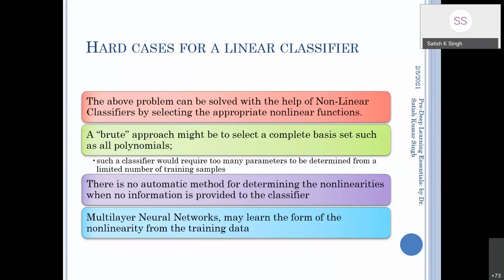Rather than applying the brute approach or hit and trial, multi-layer neural networks are used, where the kind of non-linearity present in the data, if not known beforehand, will be explored by the network itself. It means multi-layer neural networks can give a possible solution for such difficult problems.